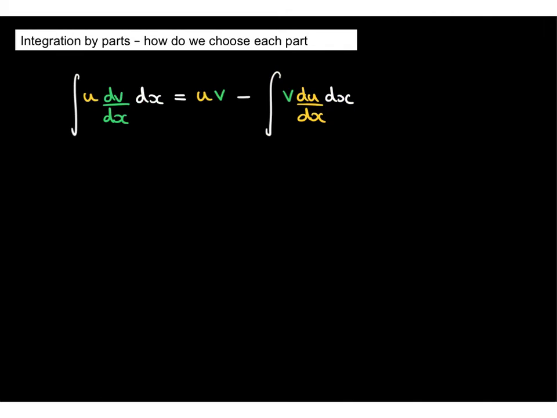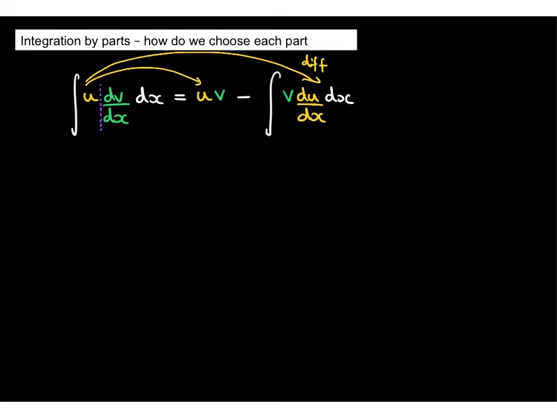So one key question that we have to address is, if we're using integration by parts, how do we choose each part of the integral? So remember, we would be looking for some kind of product, and within that, one part of the function, which is u, is allowed to stay the same here, and then it's differentiated for the other part of the integral.